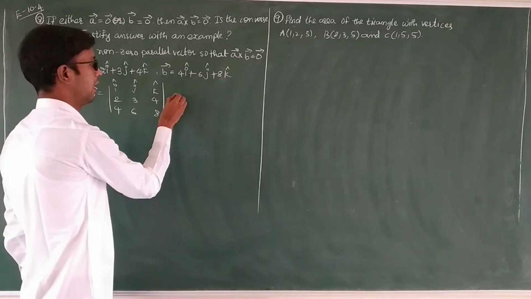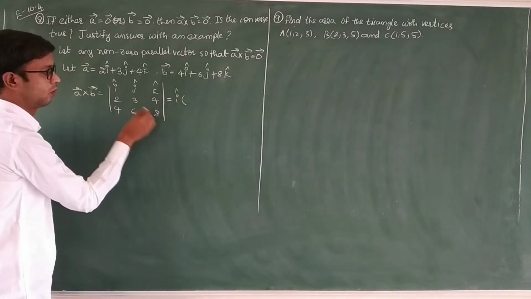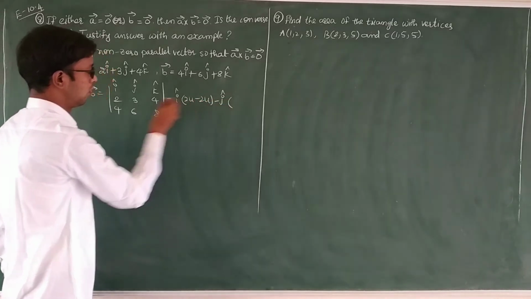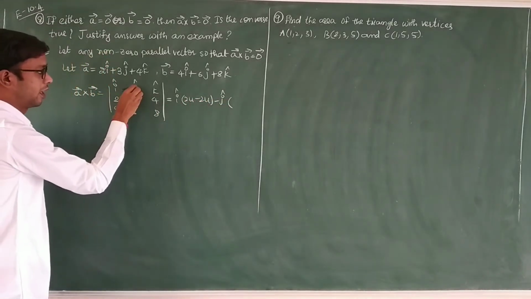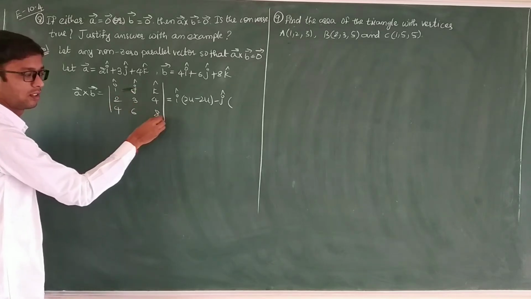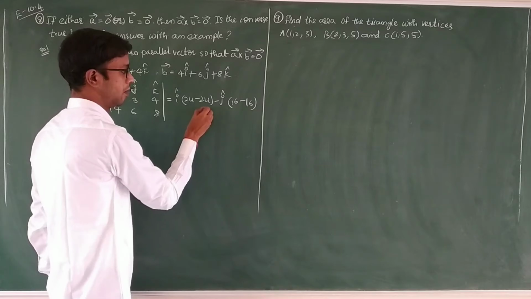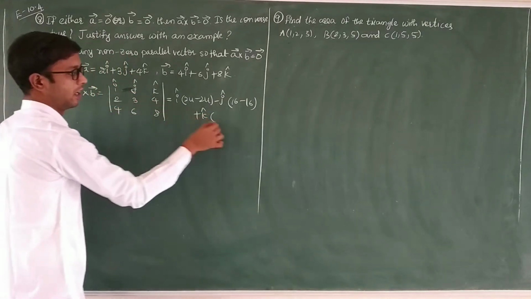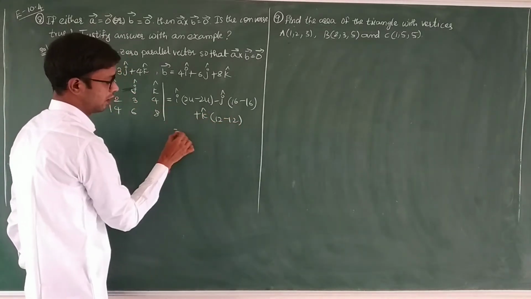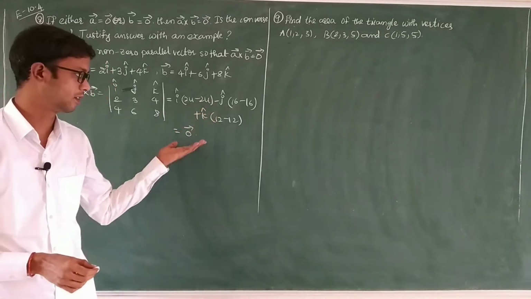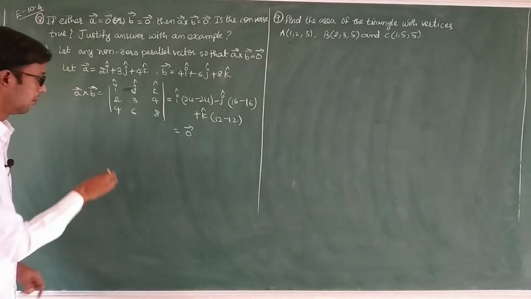Normal simplification I am making here: I cap into 24 minus 24, minus J cap into 8 2s are 16, 4 4s are 16, 16 minus 16, plus K cap into 12 minus 12. So that is a zero vector, 0 0 0.